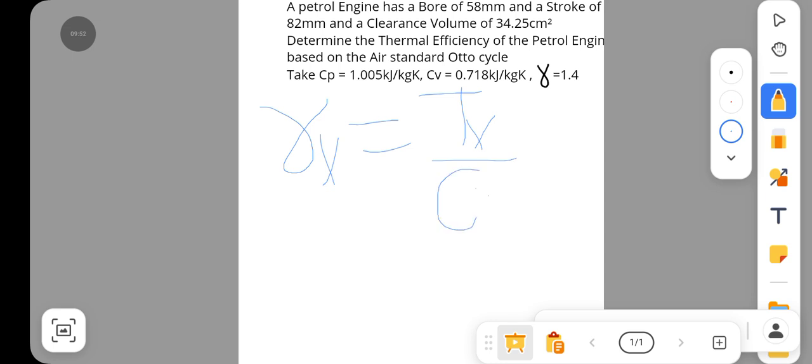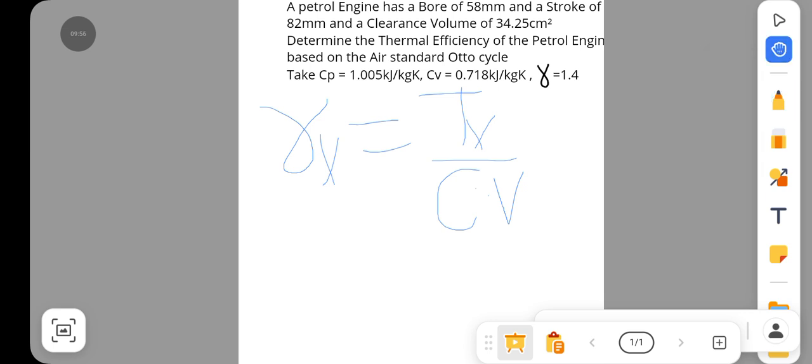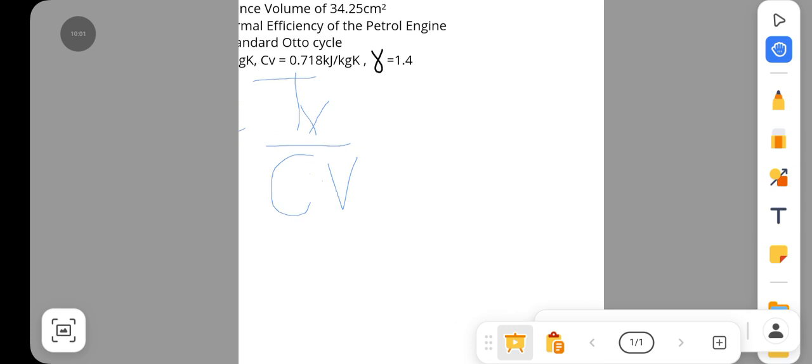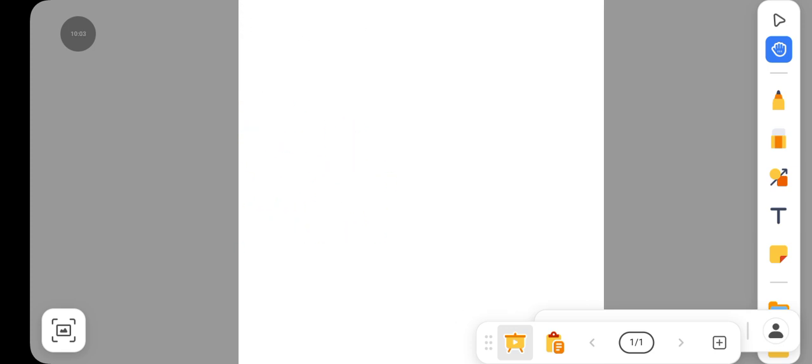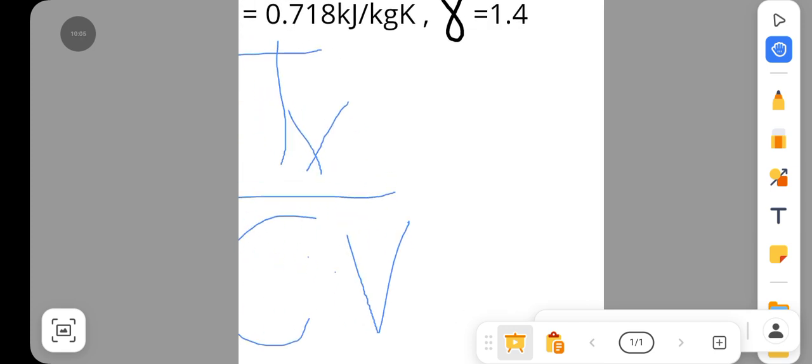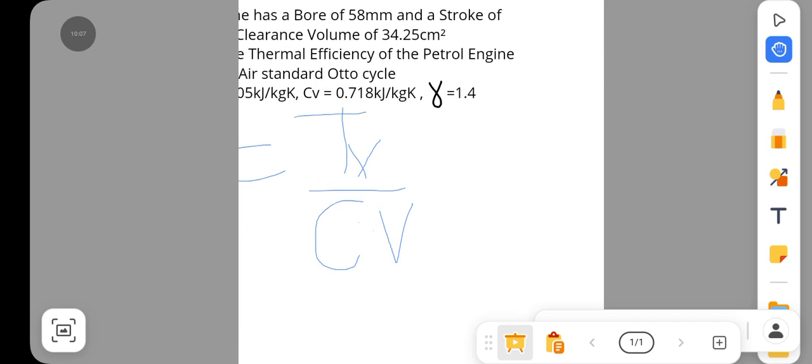Now we can just find our total volume, and we know our total volume here is equal to the swept volume plus the clearance volume.